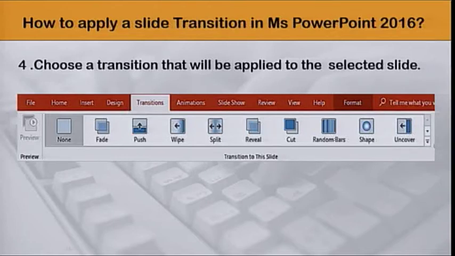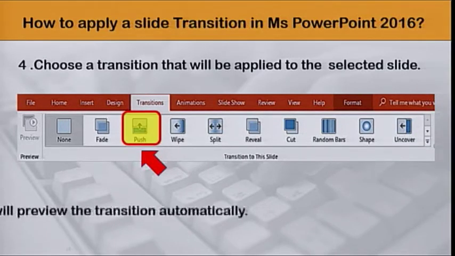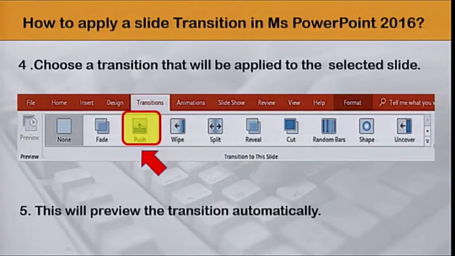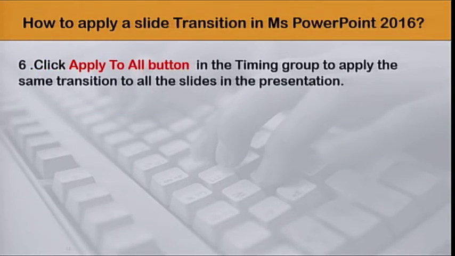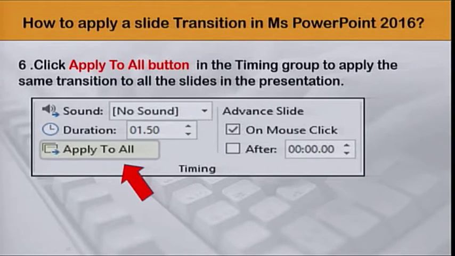Next, choose a transition that you want to apply to the selected slide. This will preview the transition automatically. Last, click the Apply to All button in the Timing group to apply the same transition to all the slides in the presentation.